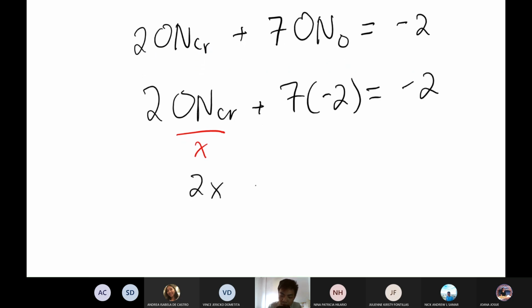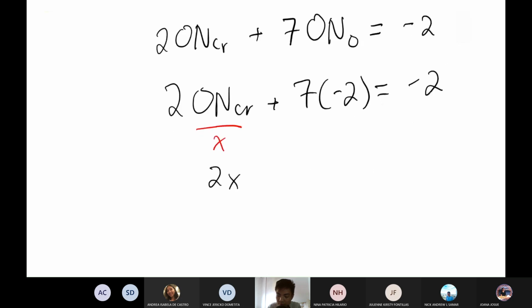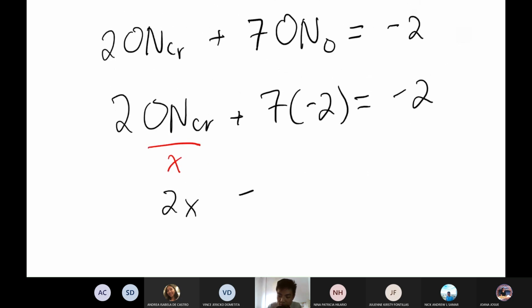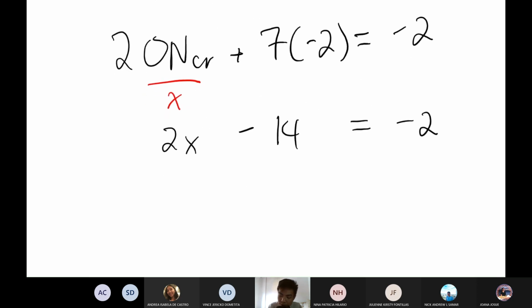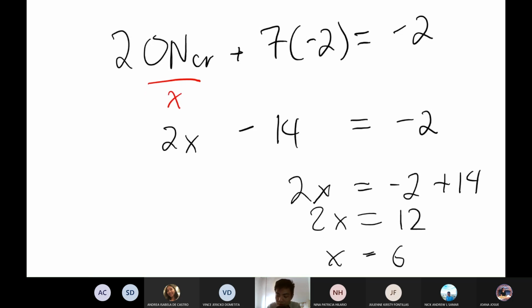So we have 2x plus 7 times negative 2. Negative 14 pala. So this should be negative 14. Ayan. 2x minus 14 equals negative 2. Lipat sa other side. 2x equals negative 2 plus 14. Negative 2, 14. Positive 12 yan. So x is equal to 6.